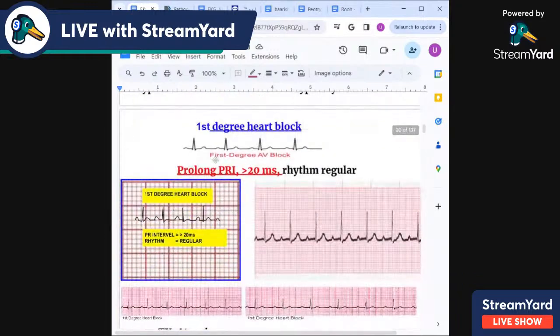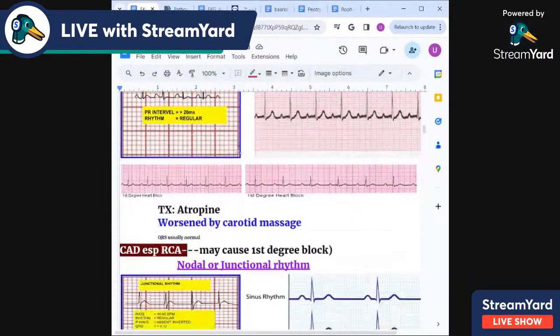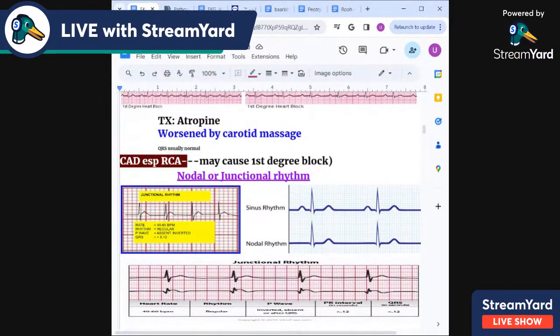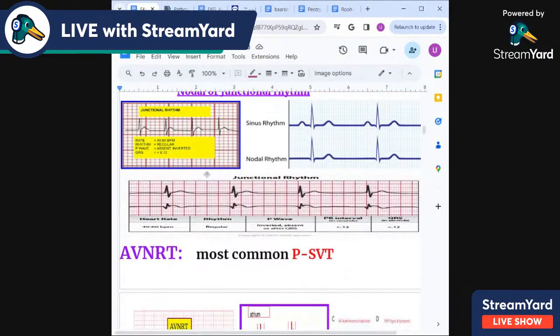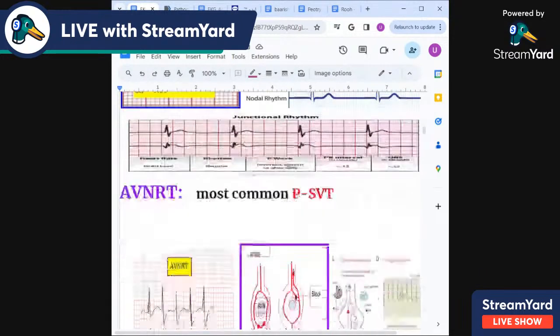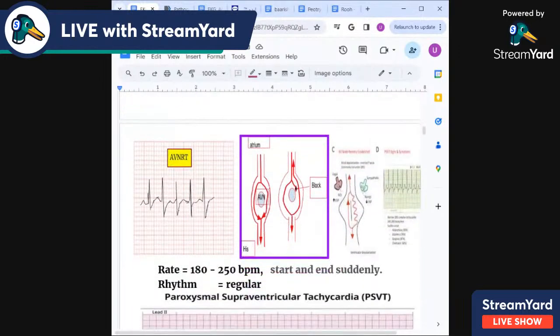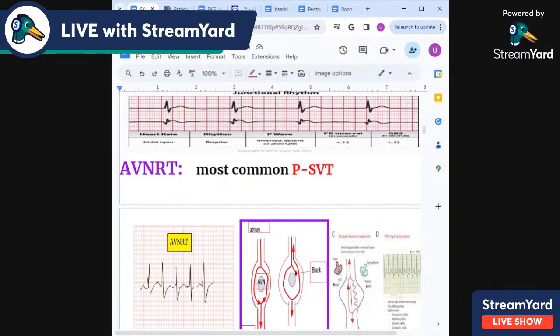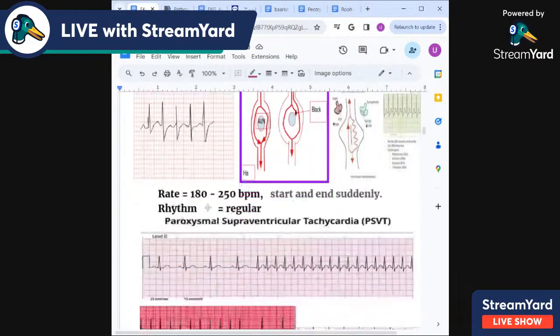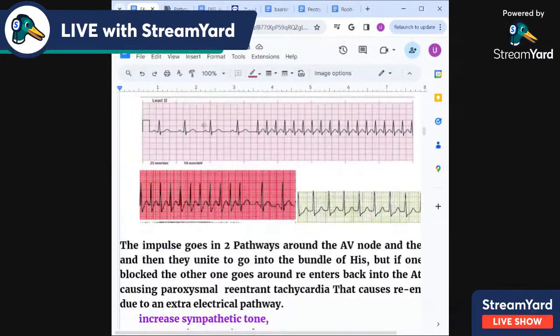Then we had the first degree block with EKG. Then we had the nodal or junctional rhythm. See here, nodal and junctional rhythm. Then we did the AVNRT with PSVT, paroxysmal supraventricular tachycardia, with this EKG.